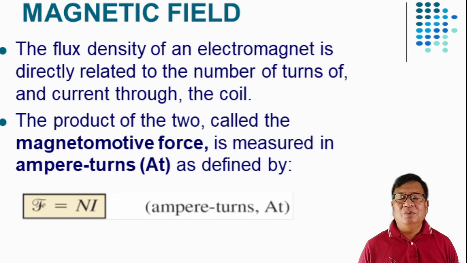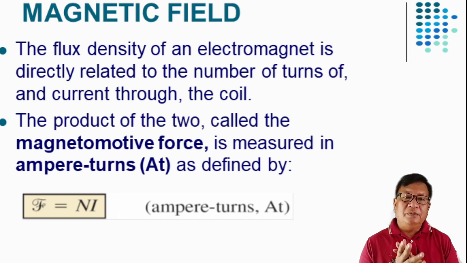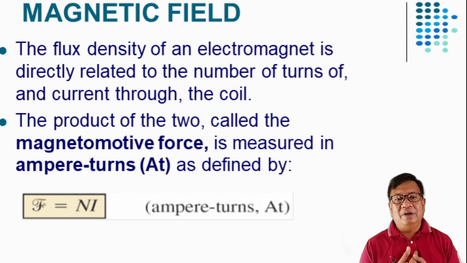So this magnetomotive force is the force produced due to the current that will flow through this conductor with respect to the number of turns. So we have that magnetomotive force.